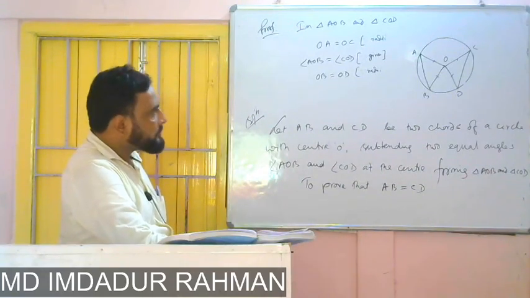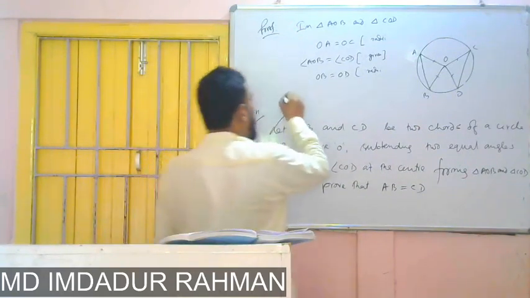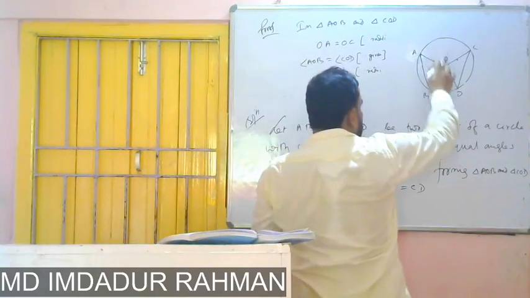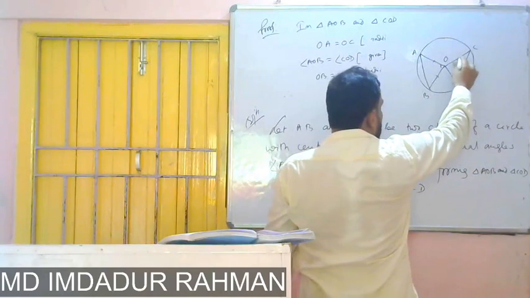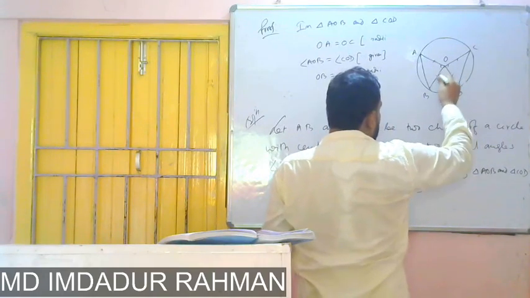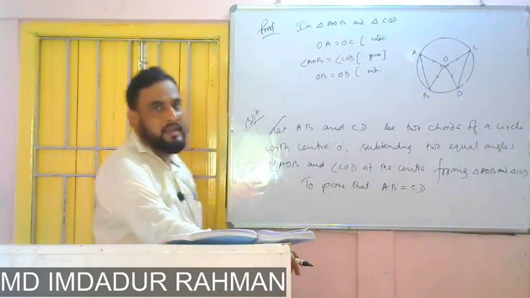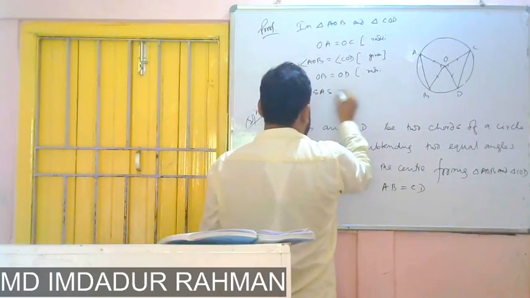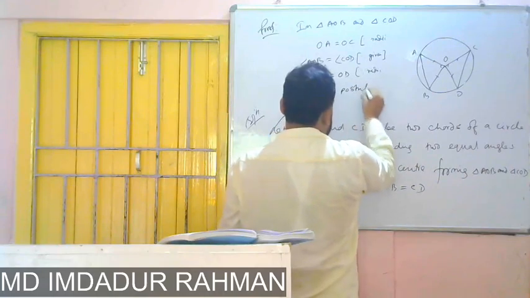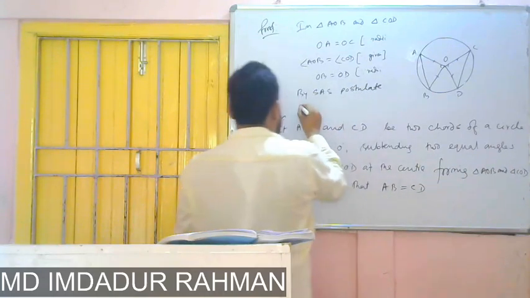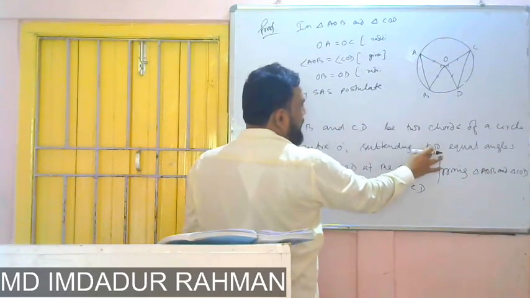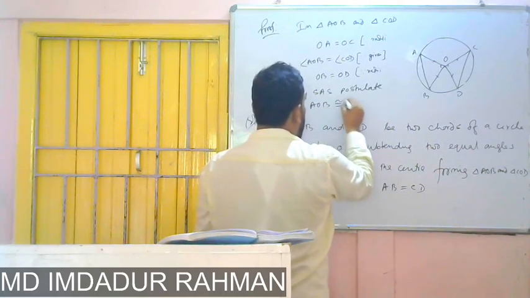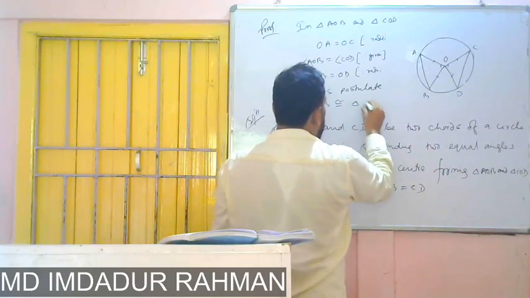Therefore, which postulate? Side and their corresponding angle. This postulate's name is side angle side. Therefore, by the side angle side postulate, triangle AOB is congruent to triangle COD.